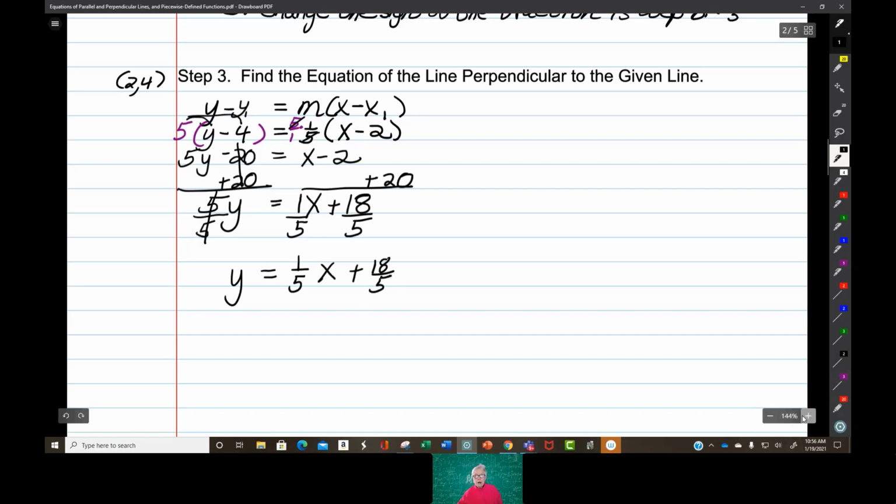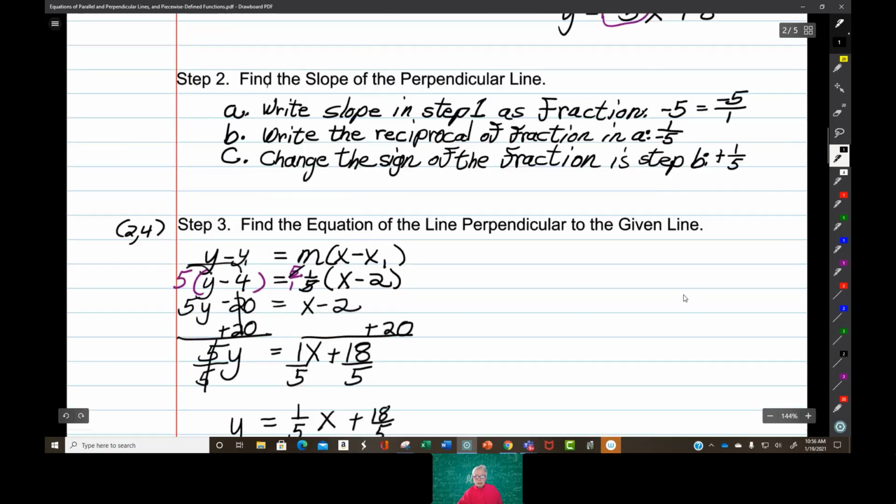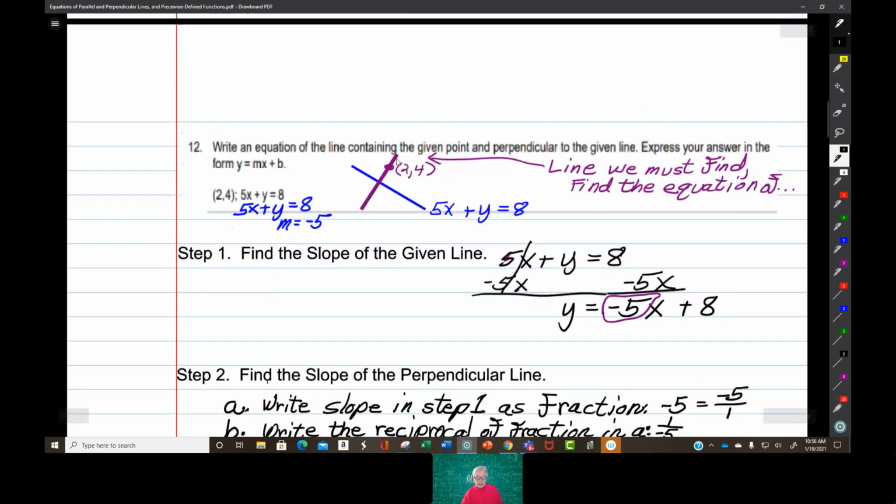That's the equation of the line. This line right here, that's perpendicular to this line. And the line we just found goes through the point 2, 4.